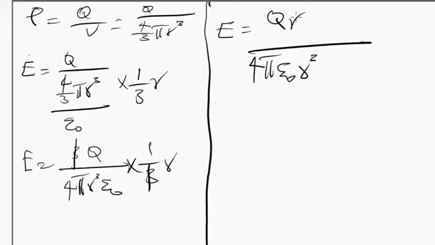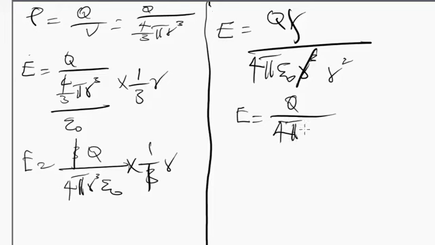Now this makes it simpler for us because we can actually cancel R, and then you'll have R squared here. So ultimately we're going to have Q over 4 pi E naught R squared.